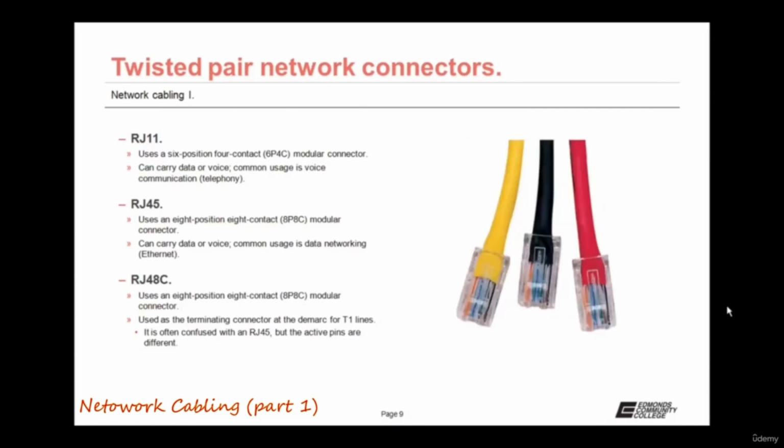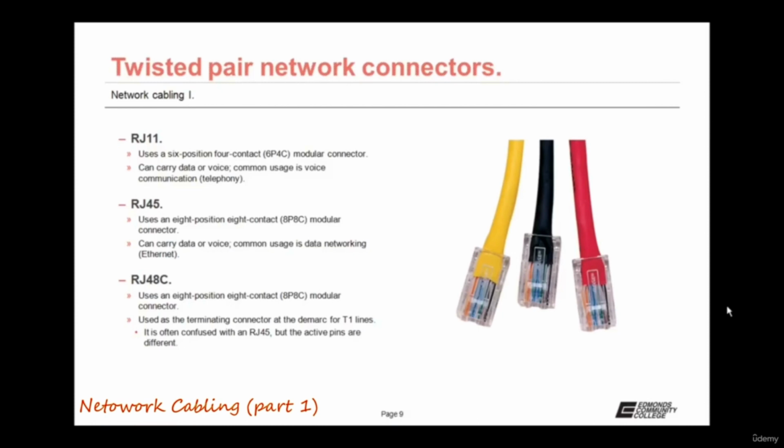Then there's the RJ45. This is the one that we always think about when we think about networking with twisted pair cabling. It uses an 8-position, 8-contact, or 8P8C modular connector. It can carry data or voice, and its common usage is data networking, Ethernet. Then there's the RJ48C.